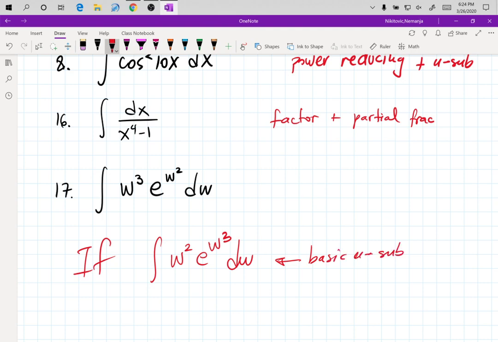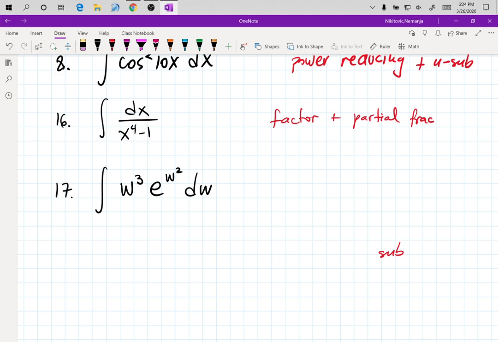And you're done. But that's not what we have up there. We have these powers flipped. So it's not basic, it's not u sub. We have to figure out what to do, right?